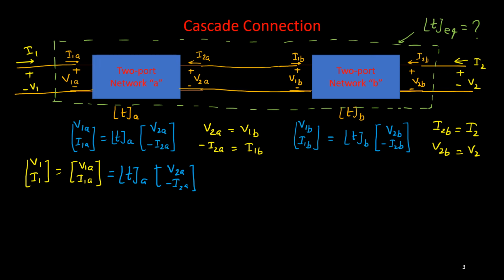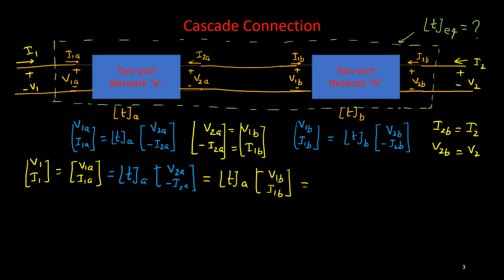Now I can make one vector here. This V2A, minus I2A, I can write as V1B and I1B, so I can replace this as TA times V1B and I1B. And again from here, V1B, I1B I can replace by TB times V2B, minus I2B.